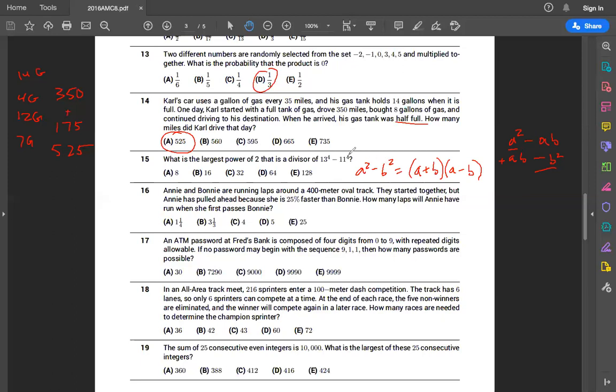So when we look at the original problem, we don't actually have squares, but we do have fourth powers. And fourth powers are also squares, because it's 13 squared squared minus 11 squared squared.